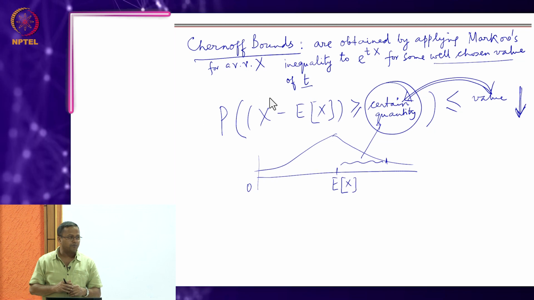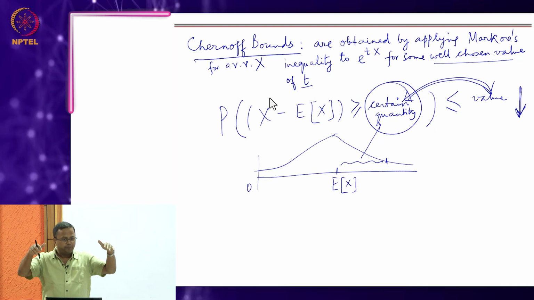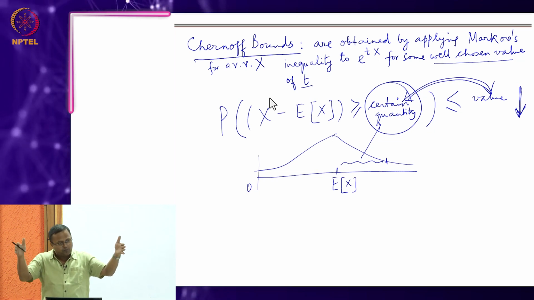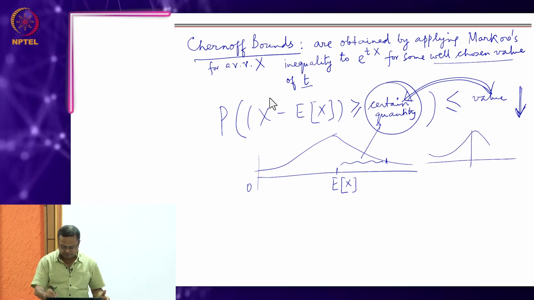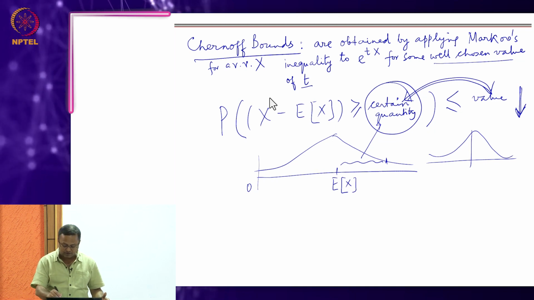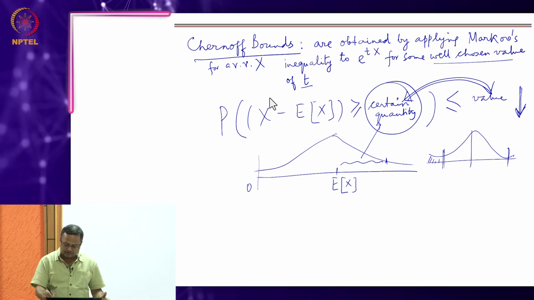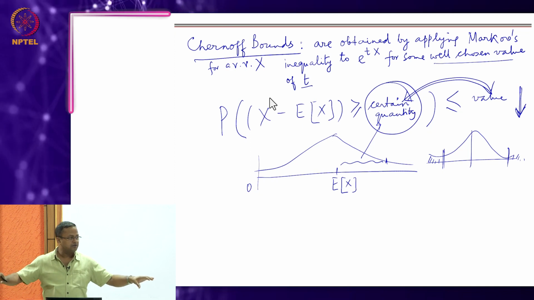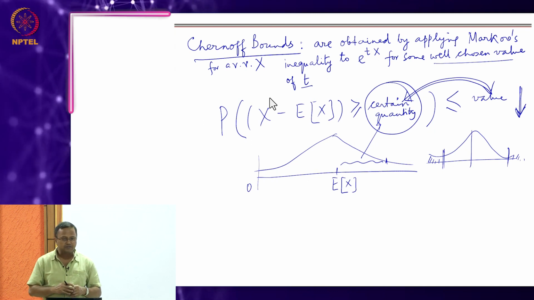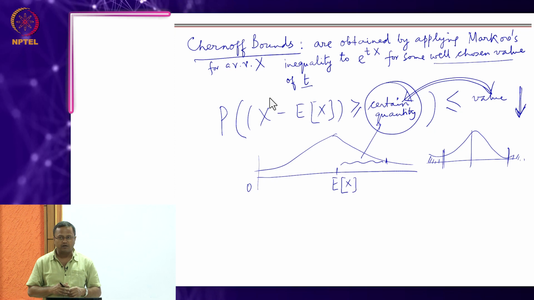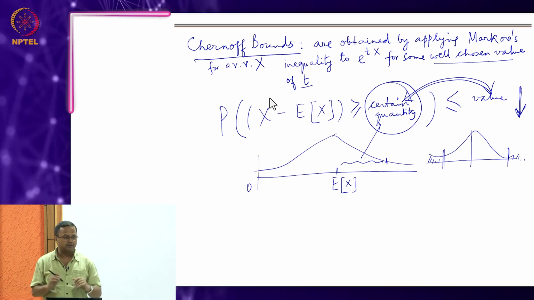If you look into your standard normal tables and find the area under the curve between mu minus 3 sigma and mu plus 3 sigma, most of your probability mass is there. My drawing is a bit bad, but you understand. Somewhere are your 3 sigma limits. These are your tails, very small tails. The normal tells you that most of the mass is concentrated within plus minus 3 sigma. That is why these are known as tail inequalities, where I want to give bounds on probability mass away from the expectation.